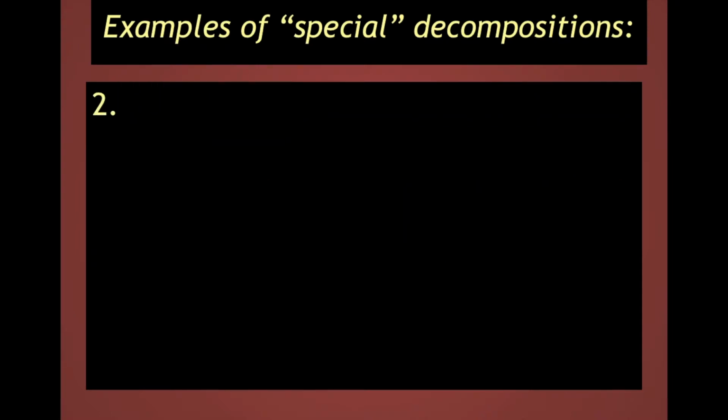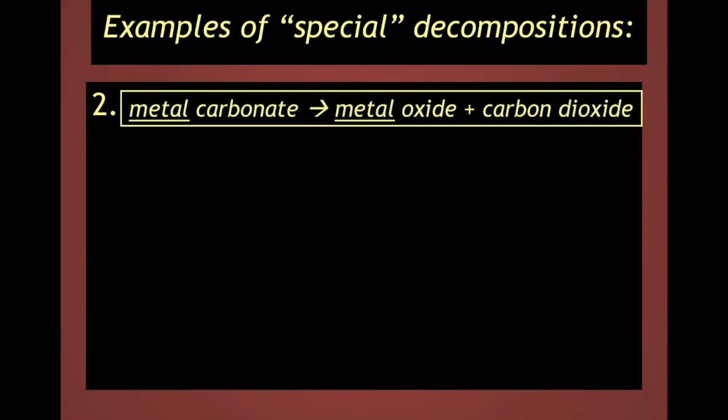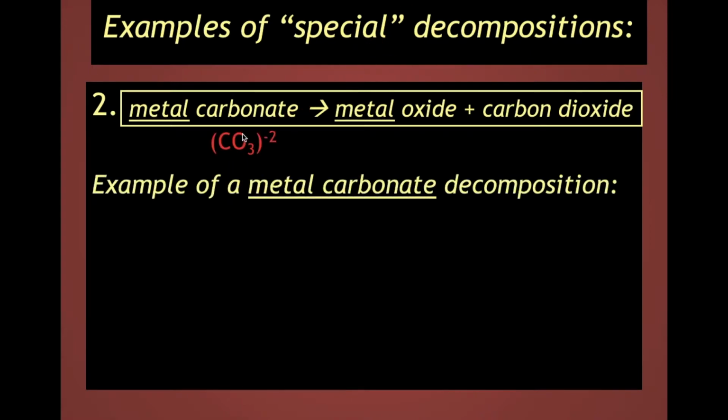Okay, so chlorate was an exception, and carbonate is also an exception, or not exception, like I guess special circumstance, I don't know. So whatever metal is here, you just bring it over here, and then this will always be part of the product when you have carbonate over here.